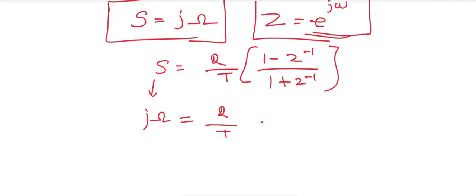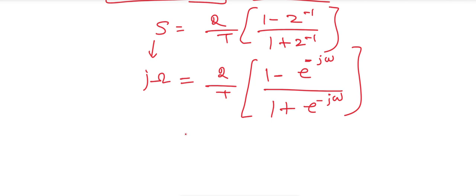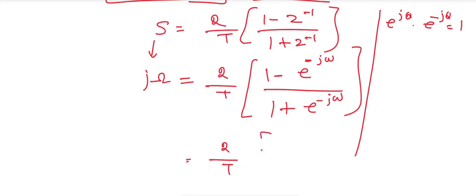So j omega equals 2 by T into 1 minus e power minus j omega by 1 plus e power minus j omega. You know the trigonometric identity that e power j theta into e power minus j theta is equal to 1. So now you can write 2 by T, and 1 can be written as e power j omega.